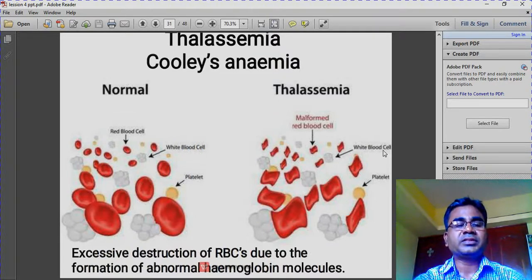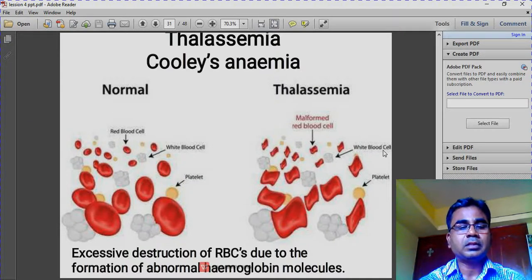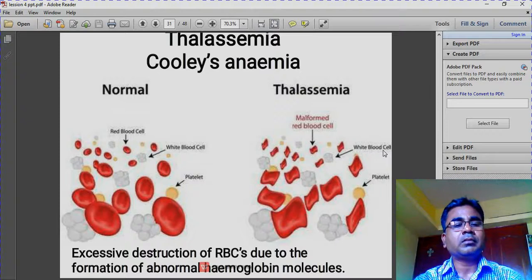In this disease, there is excessive destruction of RBCs. Why are RBCs destroyed? The reason is that abnormal hemoglobin is produced.